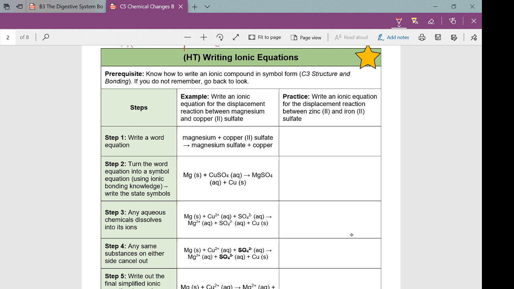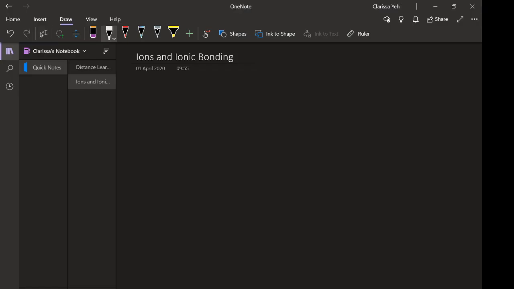But the main prerequisite for doing these, what are known as ionic equations, is you have to know how to write an ionic compound, okay? So this is just a recap. If you're in my class in Double Award Set 1, we would have just done this right before we had to leave the school. Okay, but this is just a quick recap.